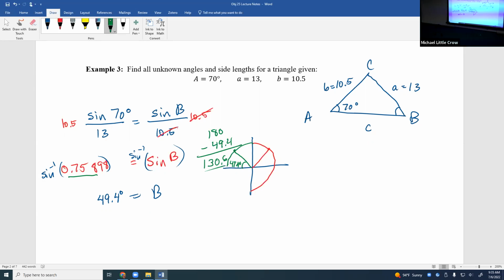So, would that work? Let's see. Well, if we put 130 in here, 70 plus 130 is how much? It's more than 180, right? You don't actually have to do it, but you can see it's going to be 200-ish. So in this case, we don't have to look for a second solution because it wouldn't work.